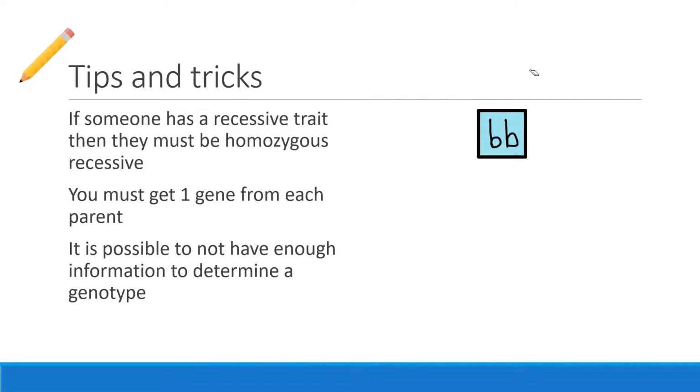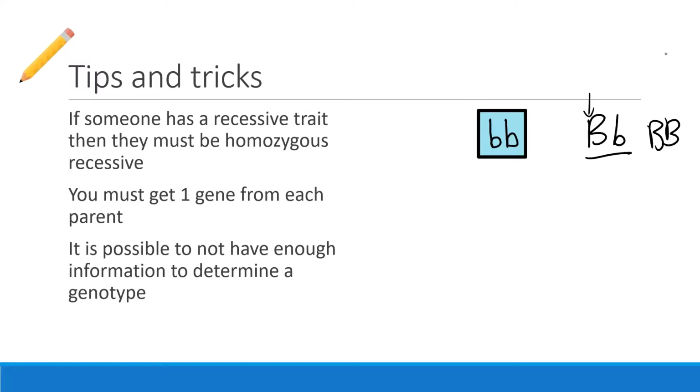I know that you're recessive, so that means you have to be lowercase b, lowercase b. If you were capital B, lowercase b, then that wouldn't be recessive. This one would take over. If you were capital B, there is no recessive at all. So if you possess a recessive trait, then you have to be lowercase b, lowercase b.